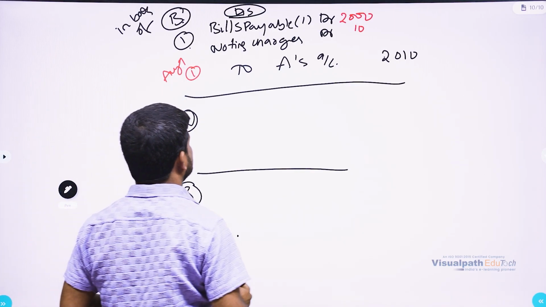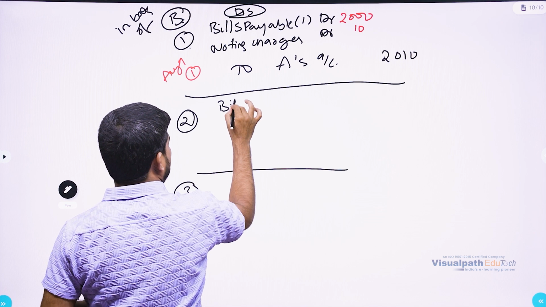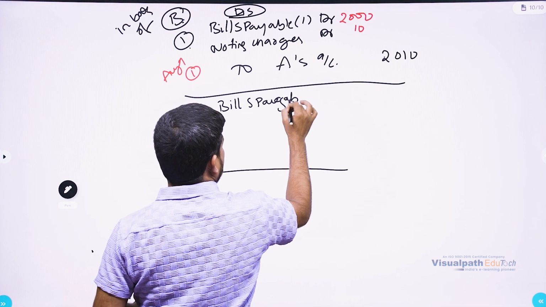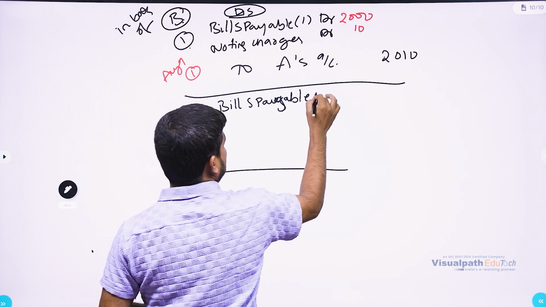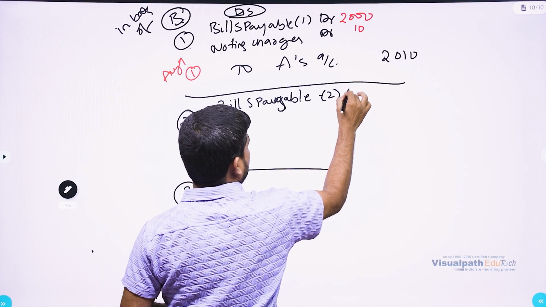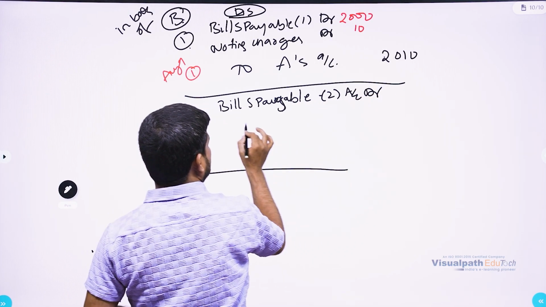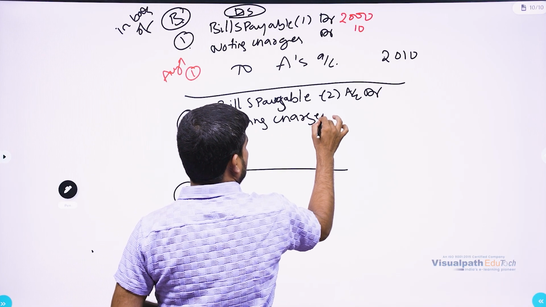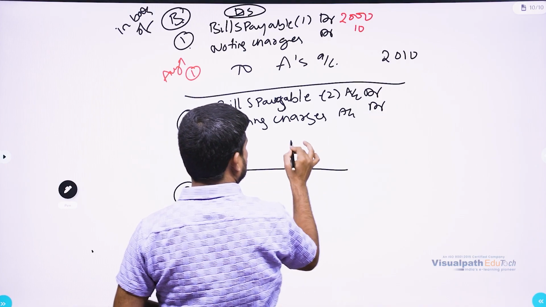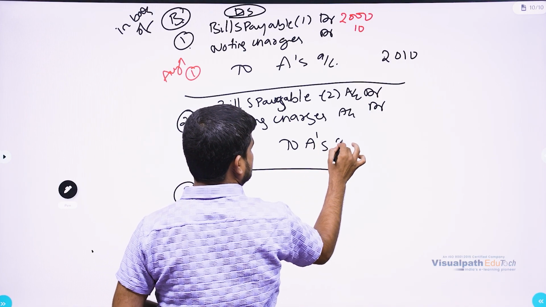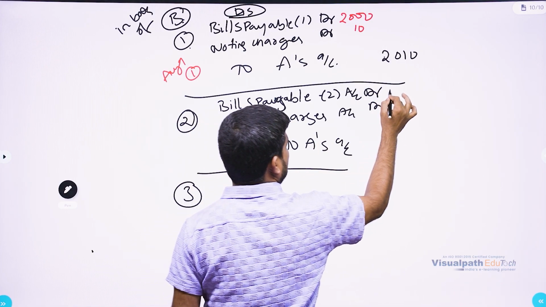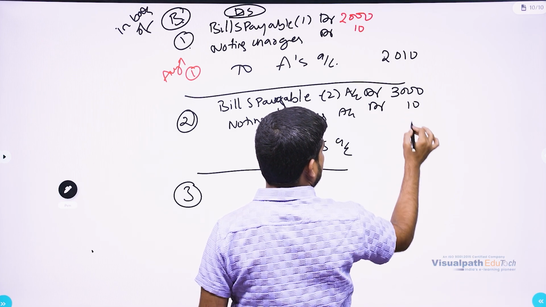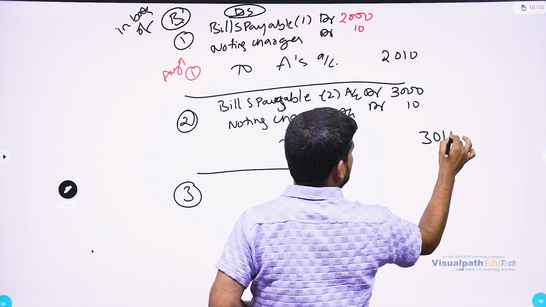Whereas when the second bill is dishonored, the same entry will be recorded, which is bills payable account debtor, where for the bill number we will write 2. Bills payable account debtor, again noting charges account debtor to A's account, where the total bill amount of the second bill is 3000 rupees, noting charges 10 rupees, and total amount 3015 rupees.